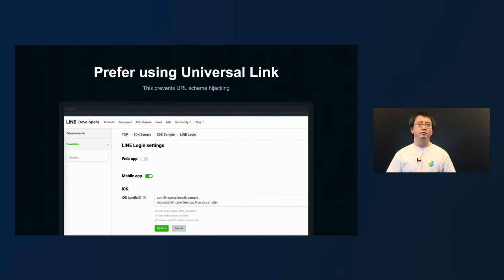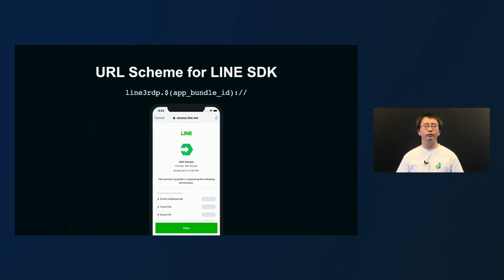Next, prefer using universal link. This can prevent URL scheme hijacking for your app. You may notice that you are required to input the iOS bundle ID when you're creating an app in the Line Developers Console. We are using that app bundle ID as a URL scheme to jump from the Line app back to your app when logging in.